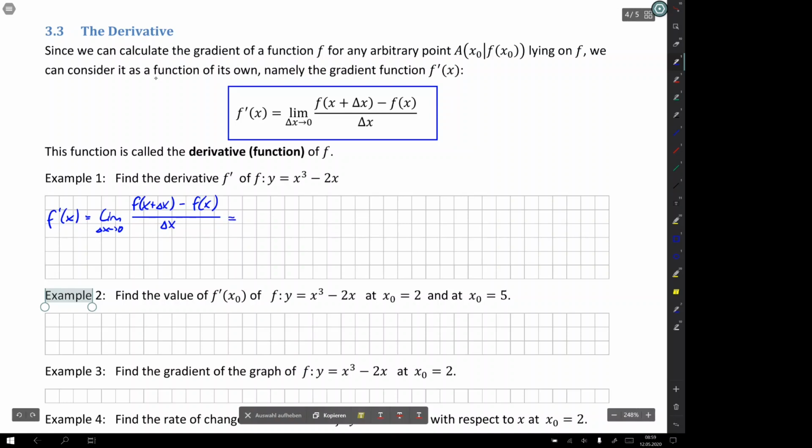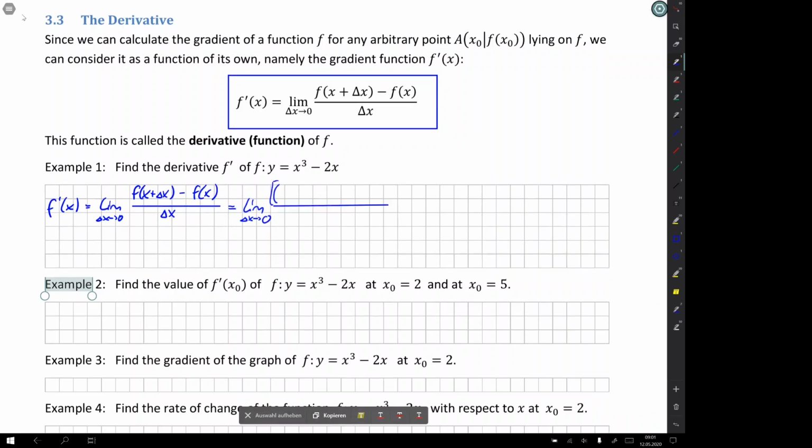So now let's insert into the function given up here. So this means x plus delta x to the power of 3 minus 2 times x plus delta x. This is the f of x plus delta x, I've put it in brackets, minus f of x, which is then just x to the power of 3 minus 2x, and the whole thing divided by delta x.